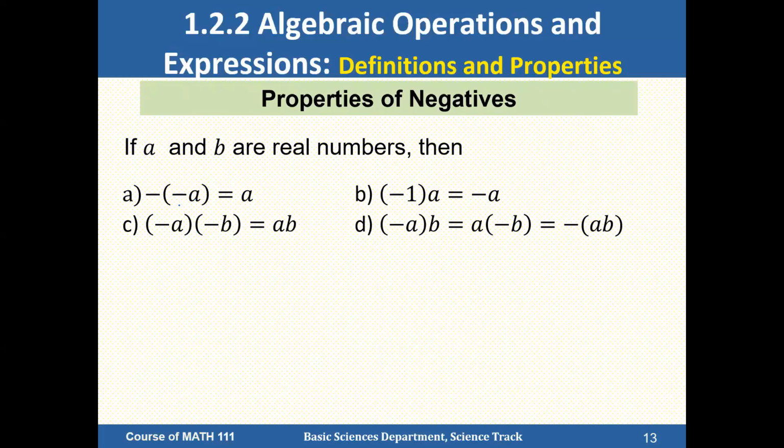So minus في minus A تعطينا A. minus 1 في A minus A. minus A في minus B minus في minus plus A في B. minus A في B هي A في minus B هي minus AB. ممكن نكتبها minus AB. نشيل الأقواس.